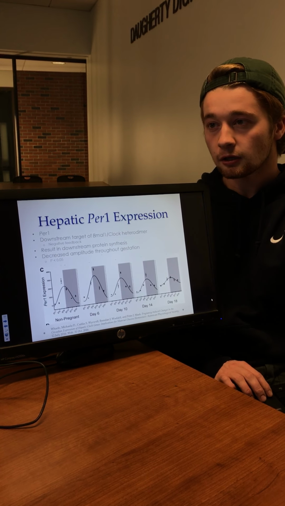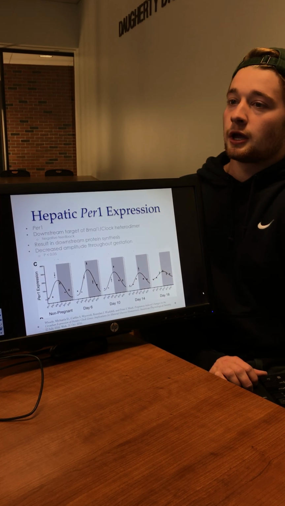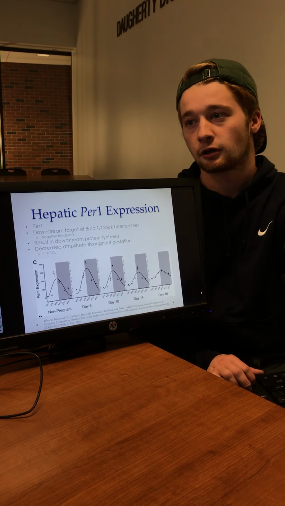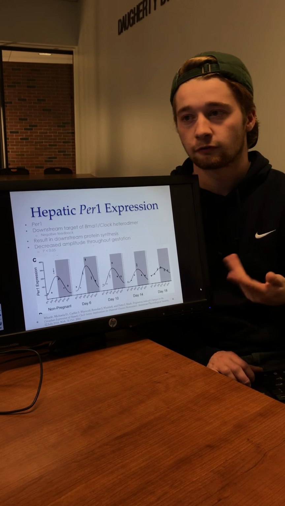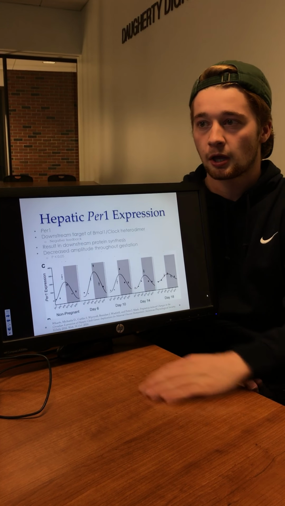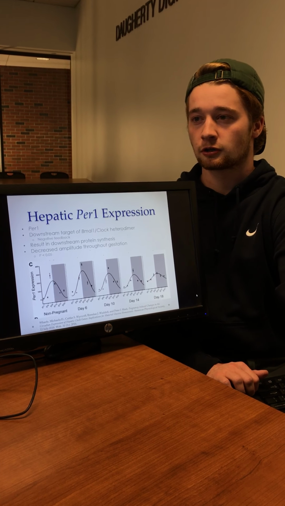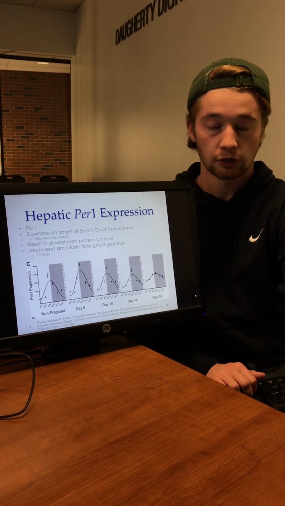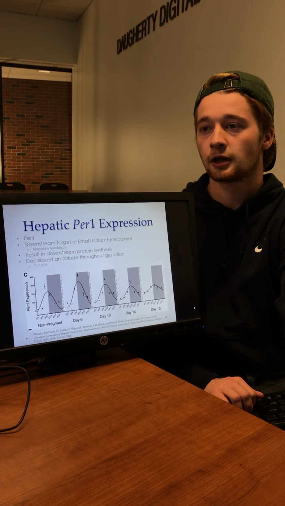expression. So the protein we looked at here is called PER1, and PER1 is a downstream target of the BMAL1 clock heterodimer. This is involved in a negative feedback mechanism. And this protein is involved in more regulation of downstream protein synthesis, proteins involved in circadian rhythm.